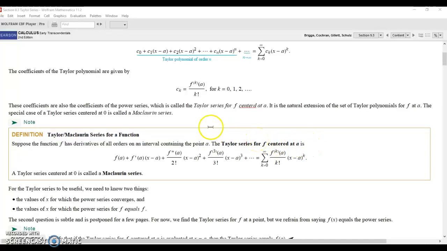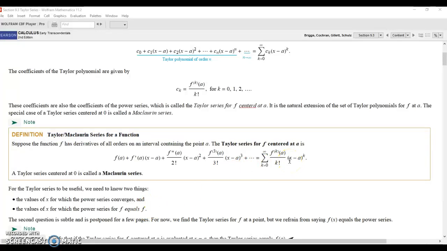So what we're going to look at in this section is adding a couple of things. We need to know when our power series, which our Taylor series is, just with fancy coefficients, converges, and not only when it converges, but when our power series actually has the same values as our function.